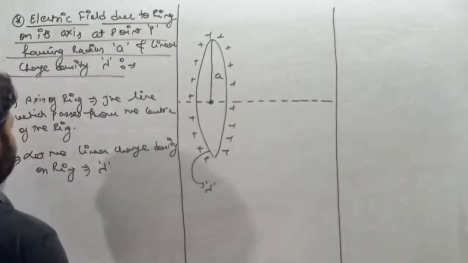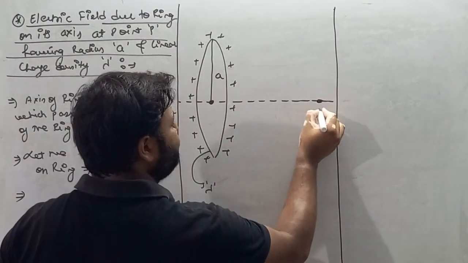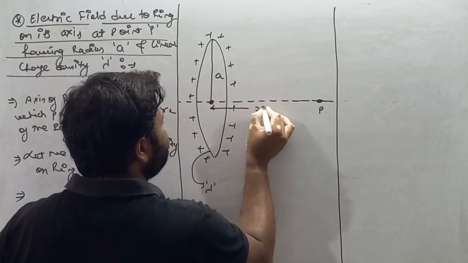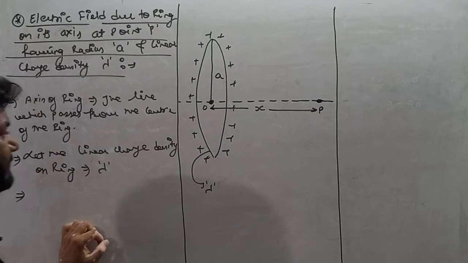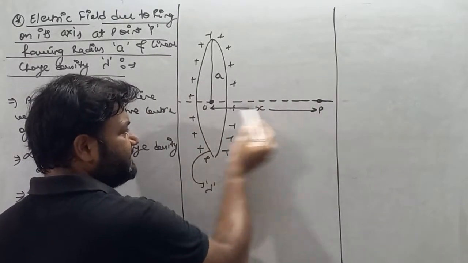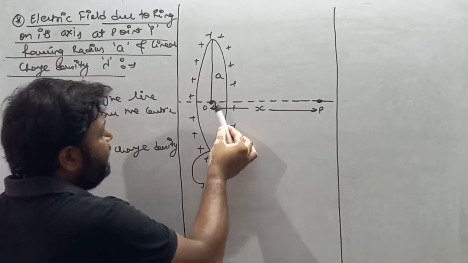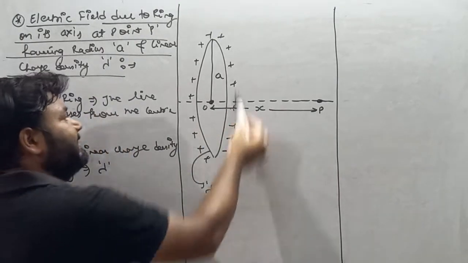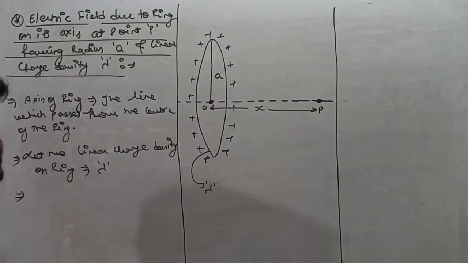Now moving forward, we have to find electric field. Let's suppose at this point P, which is x distance apart from the center of the ring. So see, this point P is present on the axis of the ring, x distance apart from the center of the ring, and the radius of the ring is a, having linear charge density lambda.